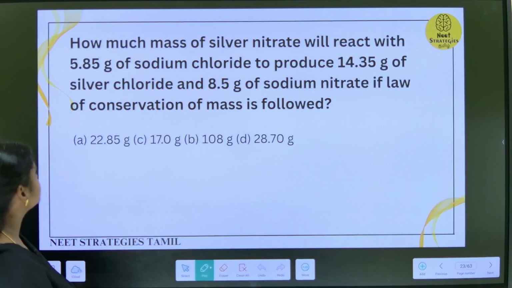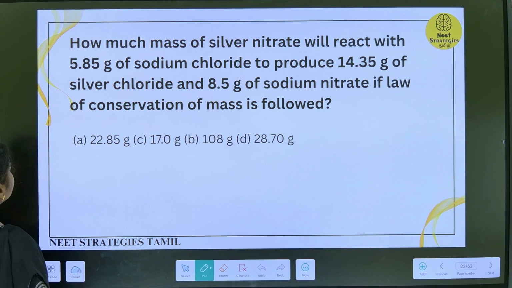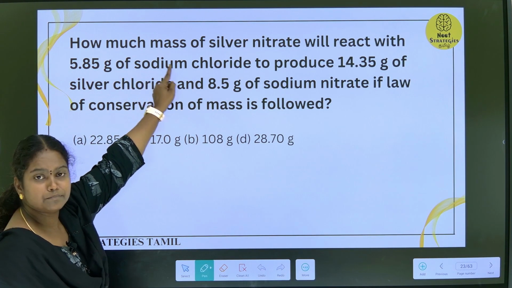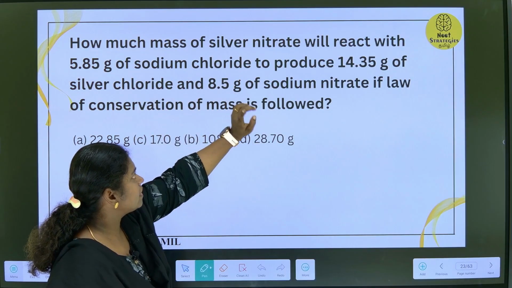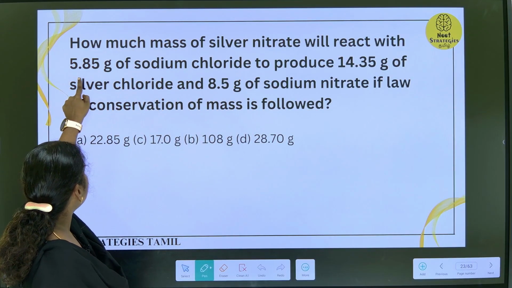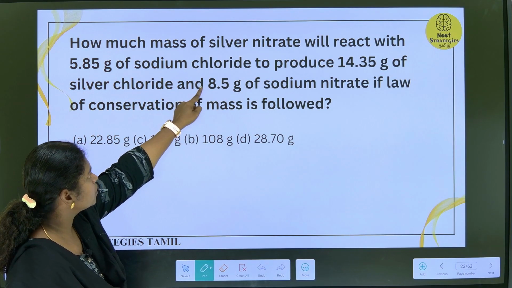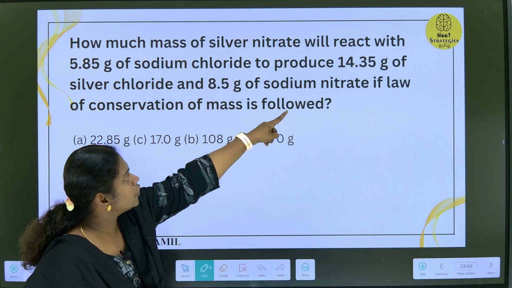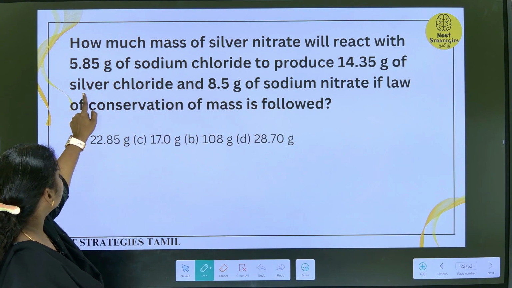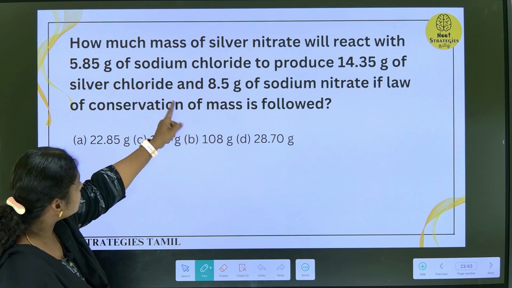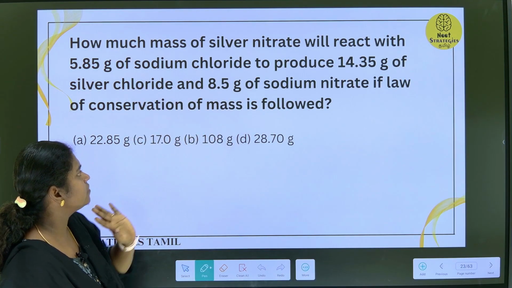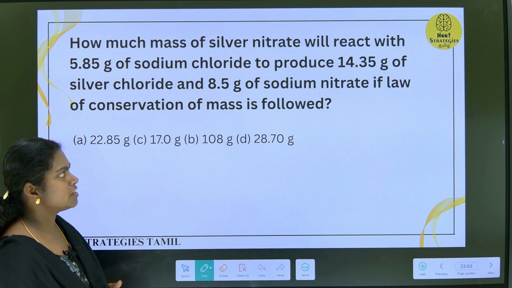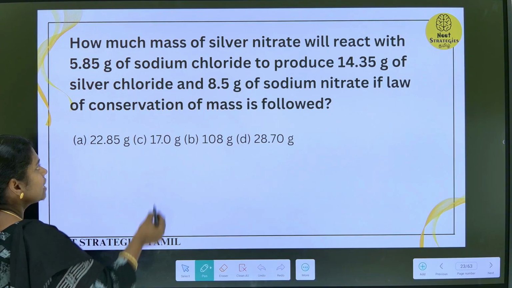How much mass of silver nitrate will react with 5.8 gram of sodium chloride to produce 14.35 gram of silver chloride and 8.5 gram of sodium nitrate? The law of conservation of mass is followed. They themselves have said conservation of mass.